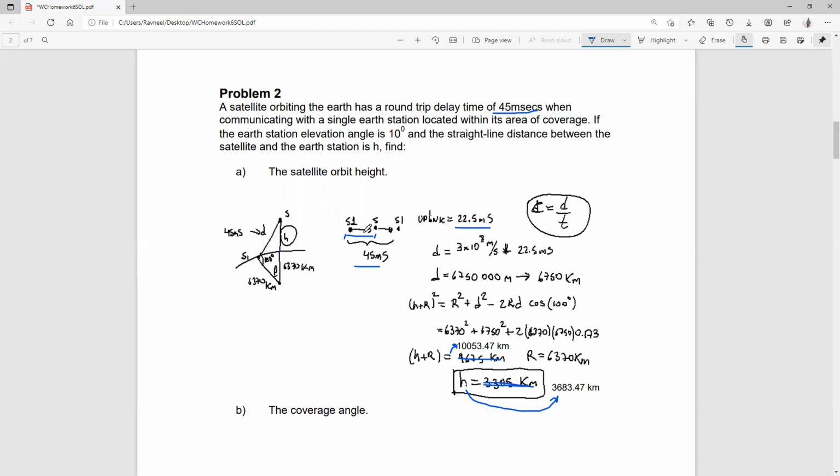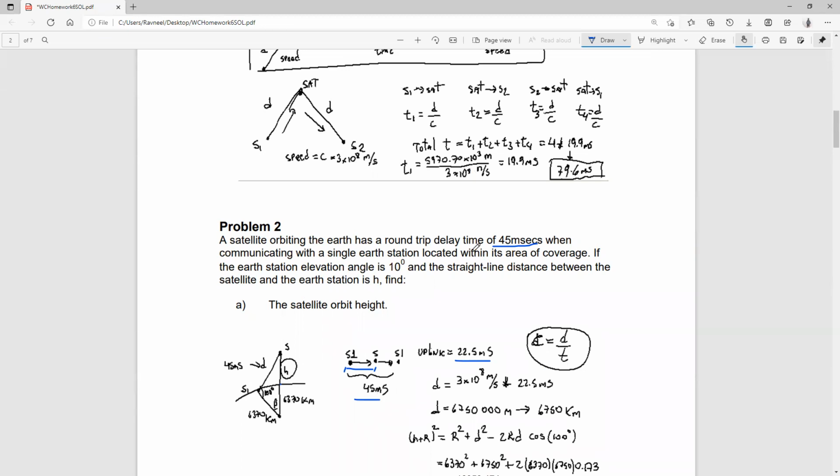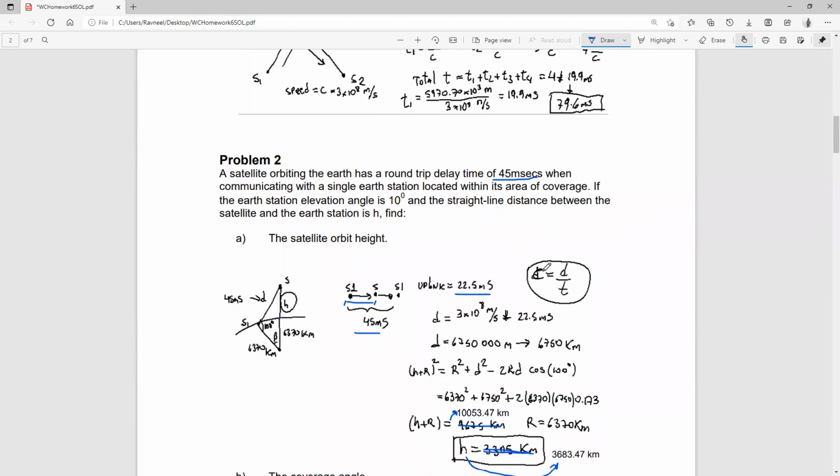So we know the time taken from S1 to S, that is 22.5 milliseconds, and the signal is traveling in free space, so we'll be using the speed of light. Again, using the formula, speed is equal to distance divided by time, we can find the distance d, isn't it? Because we know the speed, that is the speed of light, and we know the time, that is 22.5 milliseconds.